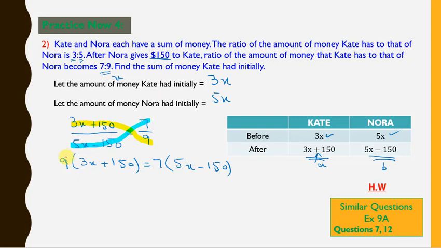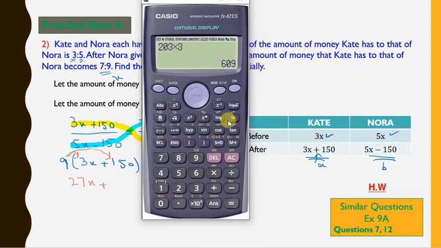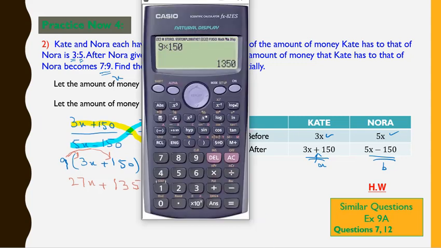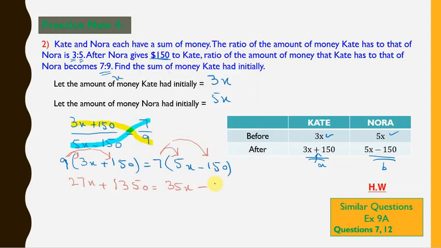Now we will multiply that. 9 times 3 will be 27x, and 9 into 150, we have 1350. 7 times 5x, we have 35x, and 7 into 150, we have 1050.